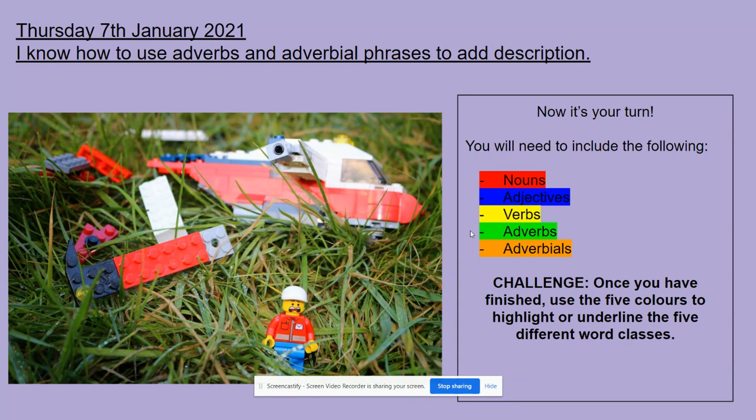Once you have written your description, just like the previous days, we want you to use these colours to underline or to highlight the different word classes. So nouns you'll find in red, blue will be for adjectives, yellow will be for verbs, green can be for adverbs, so they are usually the single words that describe the verb.